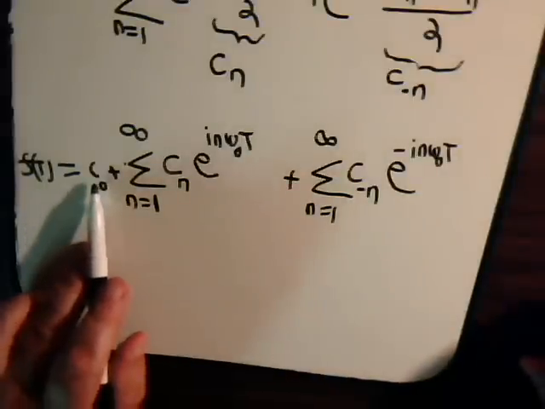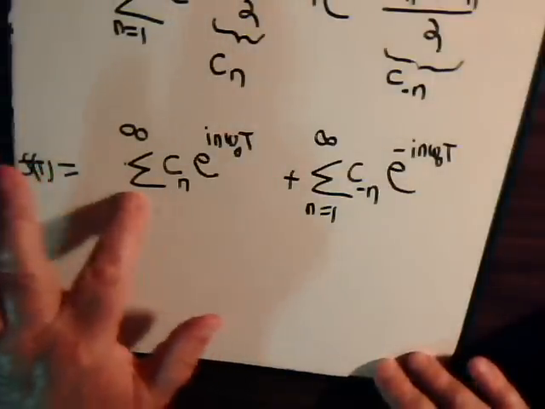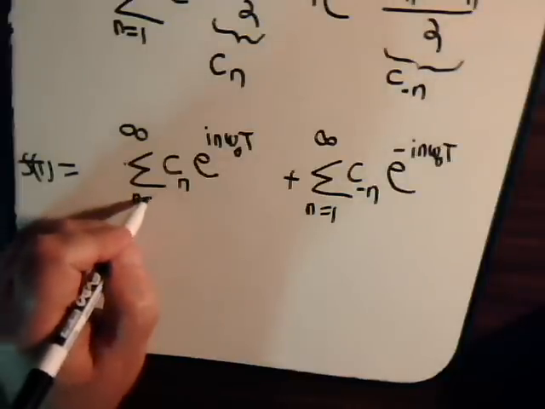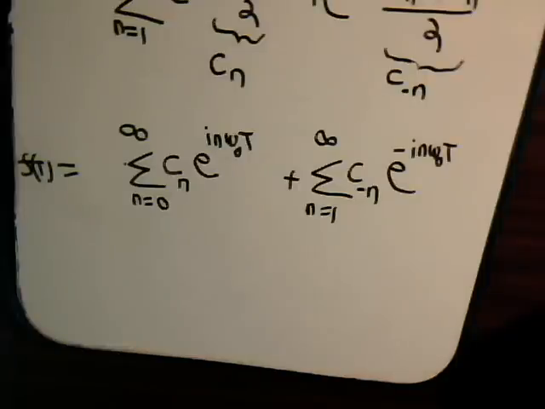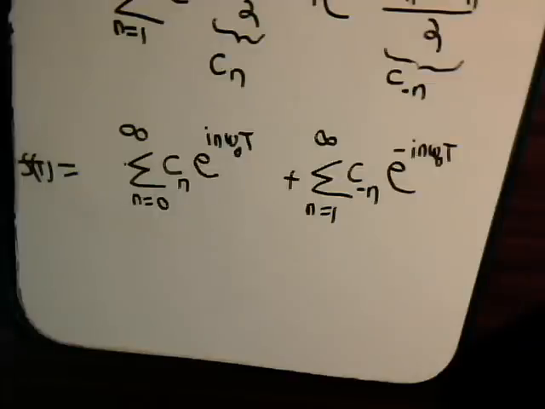Now, let's go ahead and incorporate this into here like we just did a moment ago. So this will be the sum from n equals 0 to infinity.